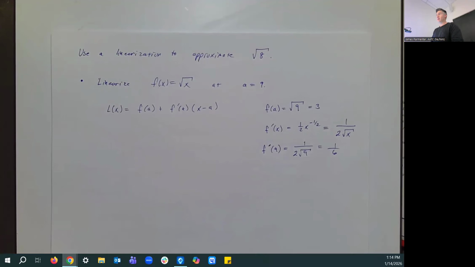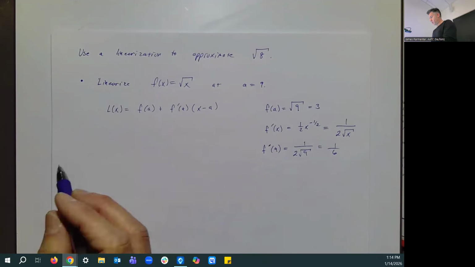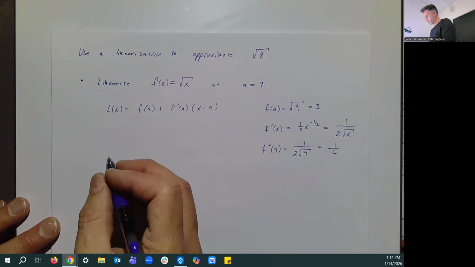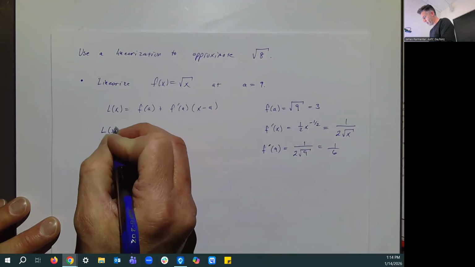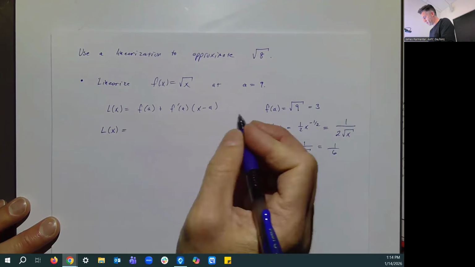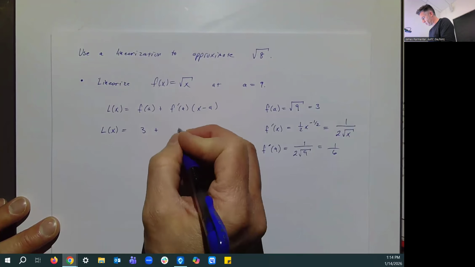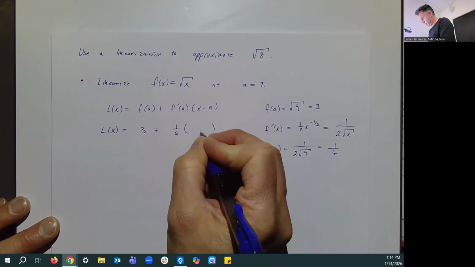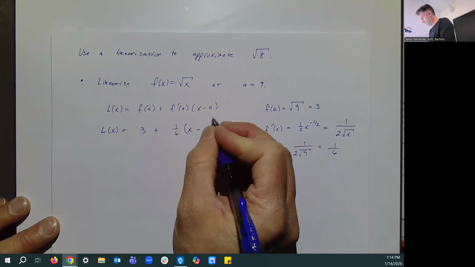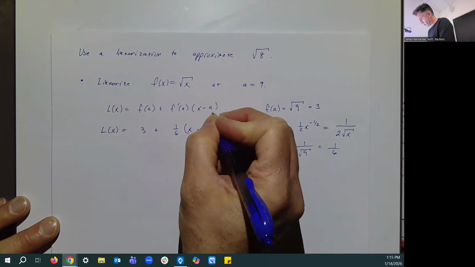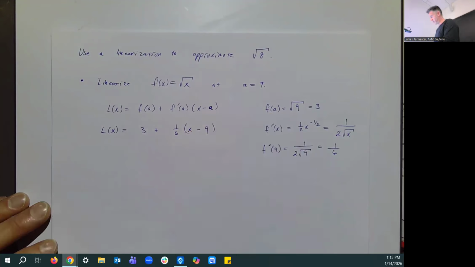So the slope of our tangent line is going to be 1/6. So we can rewrite this equation as our linearization L of x is equal to f of a, which is 3, plus our slope, which is 1/6 times x minus the x coordinate, and our a value is 9. Make sure your a looks like a and your 9 looks like 9.